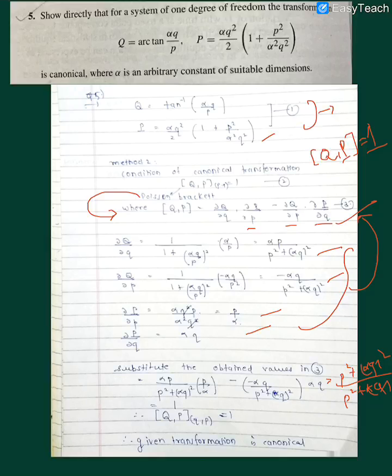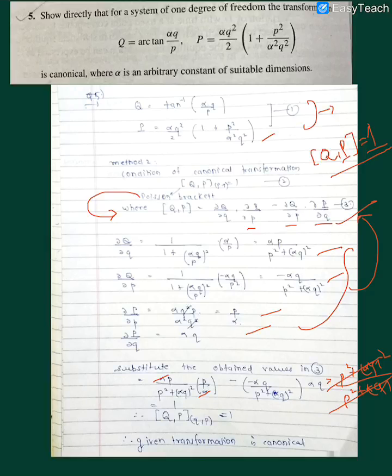Because these alphas will get cancelled and the numerator and denominator are the same, our Poisson bracket is unity. As we have said earlier, if the Poisson bracket of the given two variables is unity, then the transformation would be canonical.